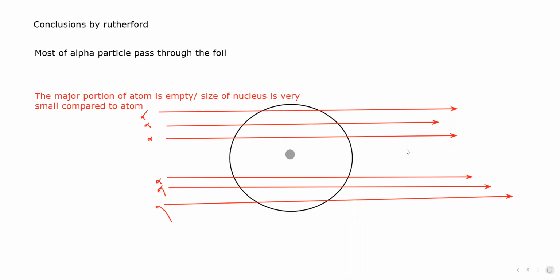The second observation was that few alpha particles deflected. So the second conclusion: why did few alpha particles deflect?